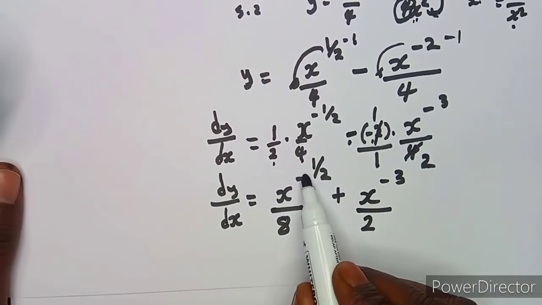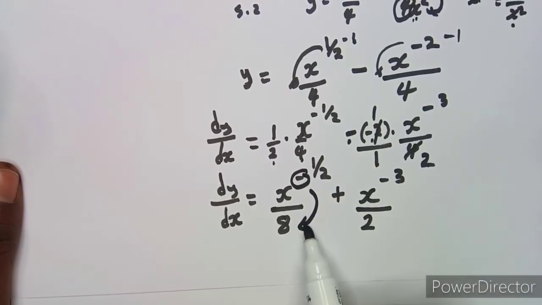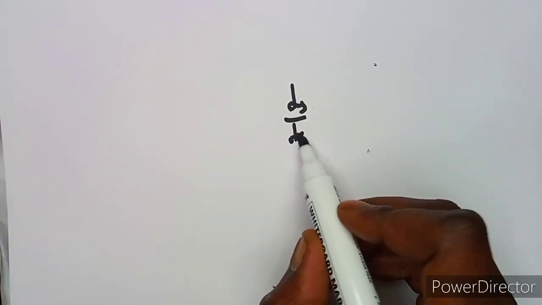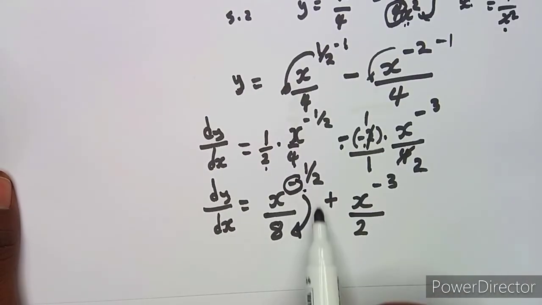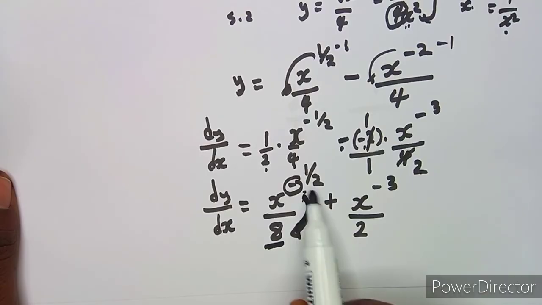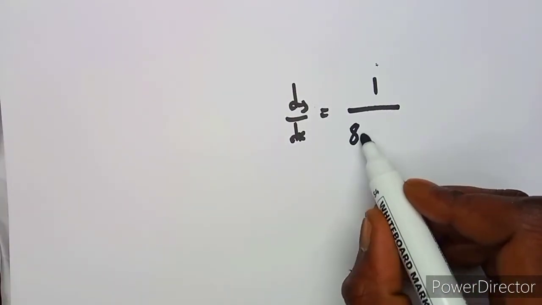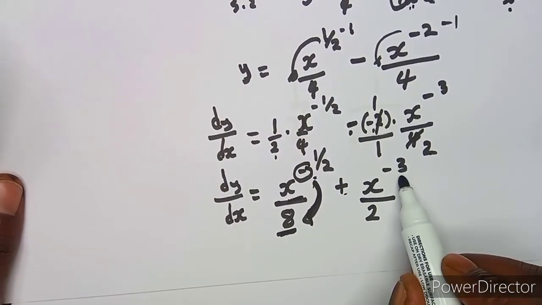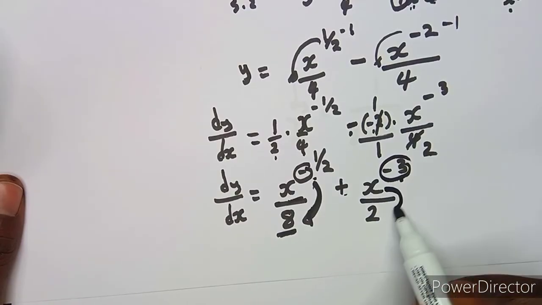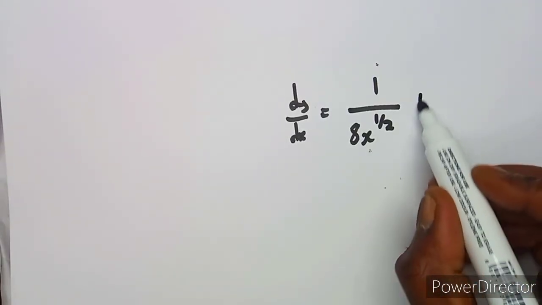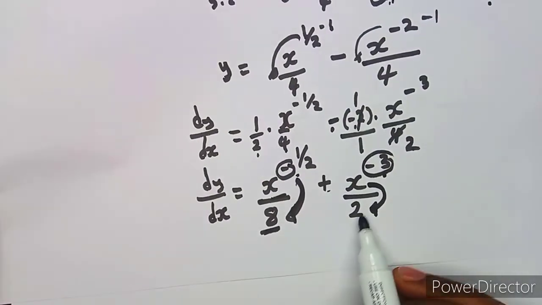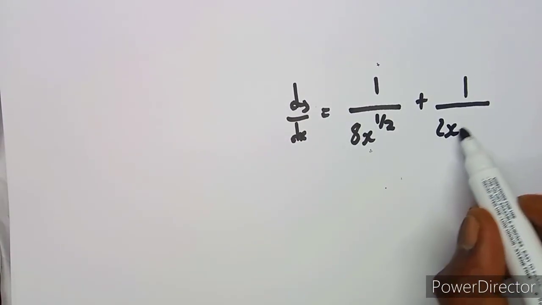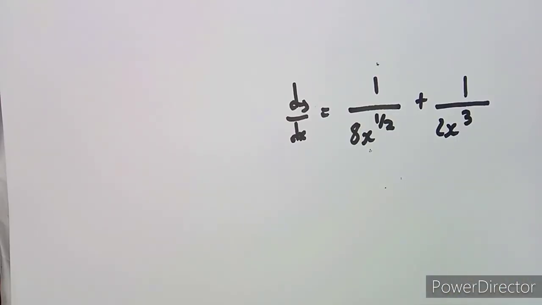So we can do the same because it has a negative exponent, so we write it in the denominator. Okay, so this is our dy dx, which is going to be 1 over, because we have a negative, we write this in the denominator, so it's 8 times this, which is 8x to the exponent of a half. All right, plus we do the same, this is negative 3, so we write this down here with a positive exponent, so it will be 1 over 2x to the exponent of 3 with a positive exponent, like that. So that's how you remove the negative.